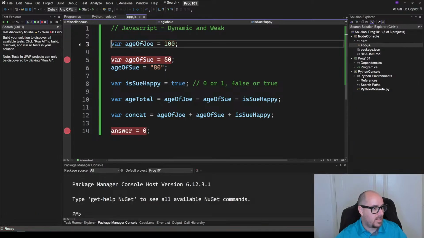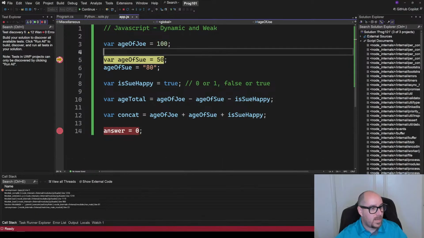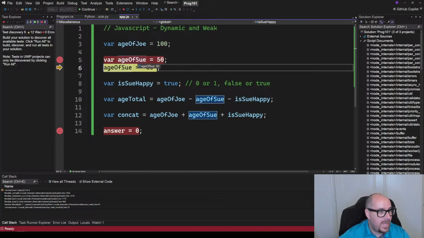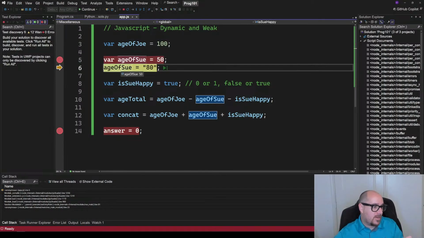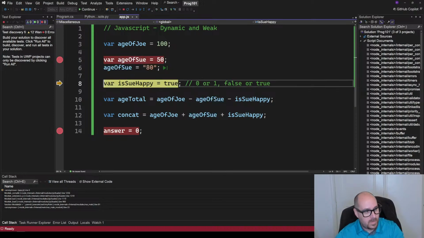let's put the breakpoint here. When I'm running the code, age of Sue is a number that says 50. So now that I'm in the runtime, it says, okay, age of Sue, it's a number. And from then on, it's going to be a number until someone changes it. Okay, we're changing it right here to a string that says 80.